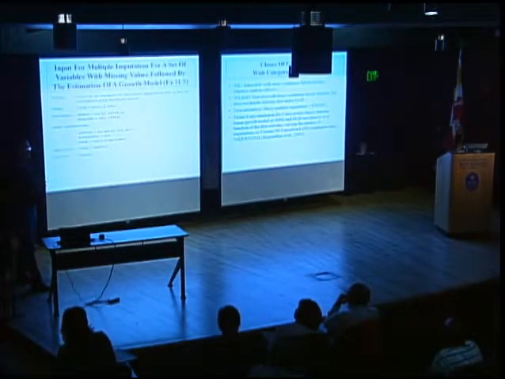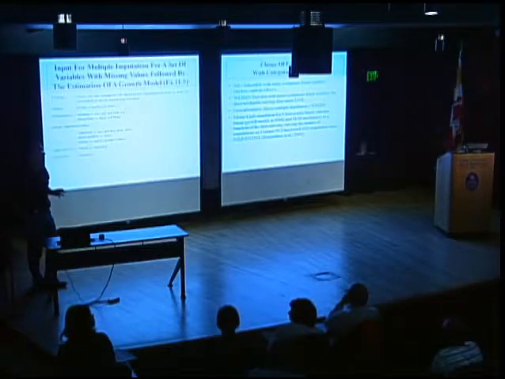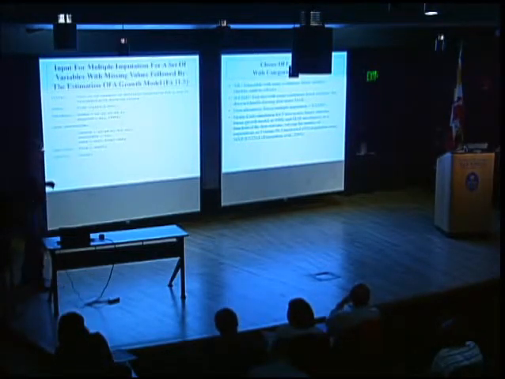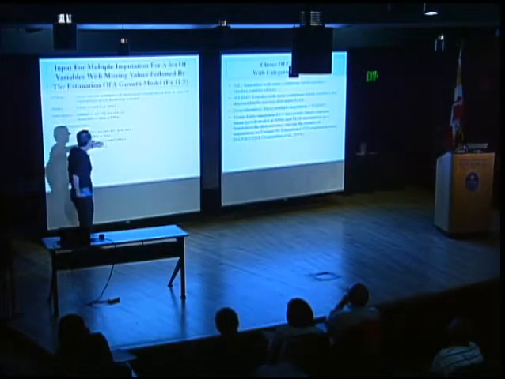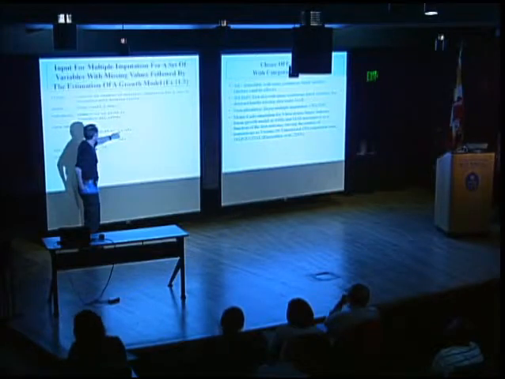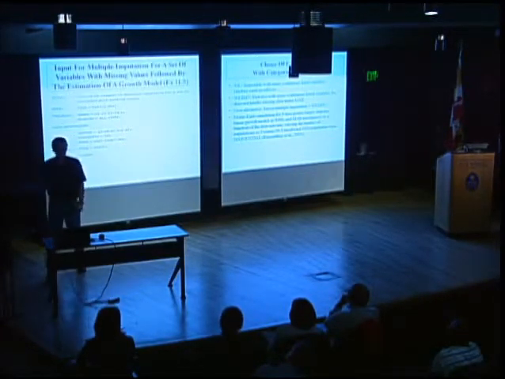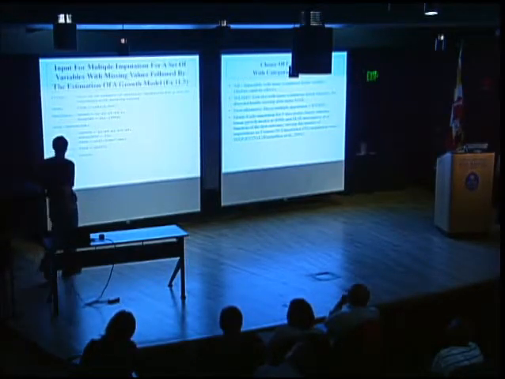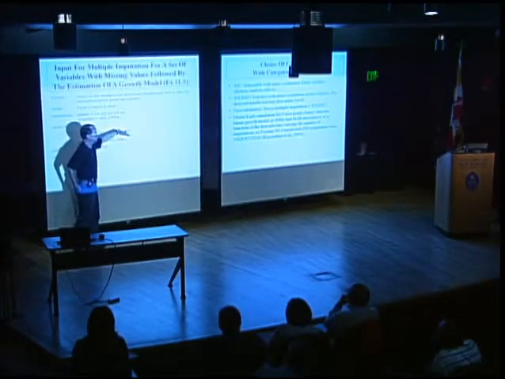Yes? I'm just wondering, is Z part of the imputation model or just a variable that is saved? Which slide are you on? Same slide. The last variable Z, is that part of the imputation model? Only the variables on the impute list are part of the imputation model. So I assume this variable will be transferred over to the imputed data set?